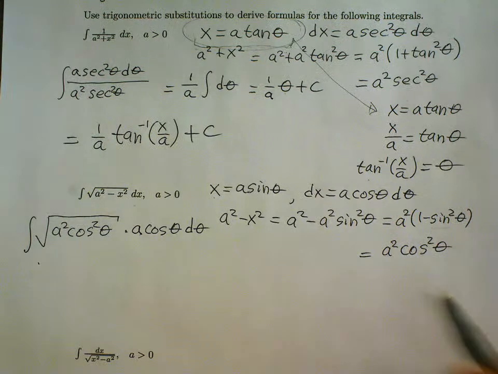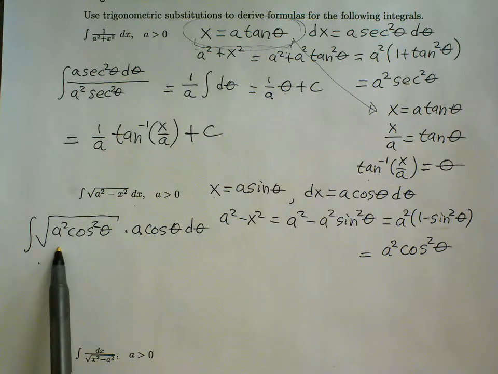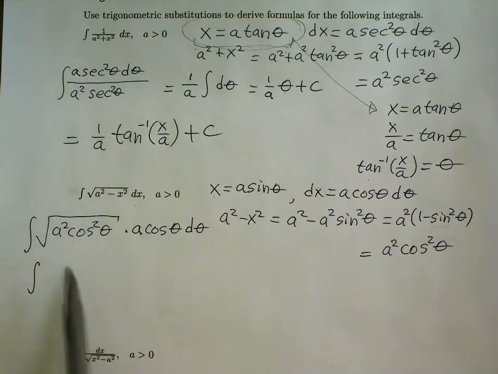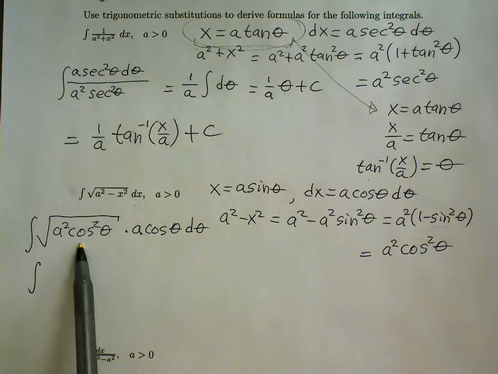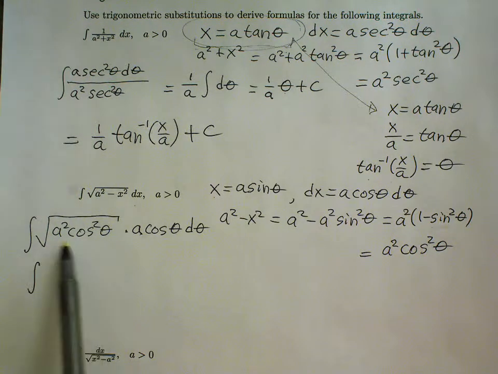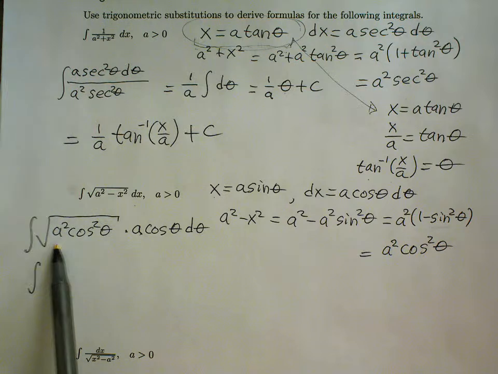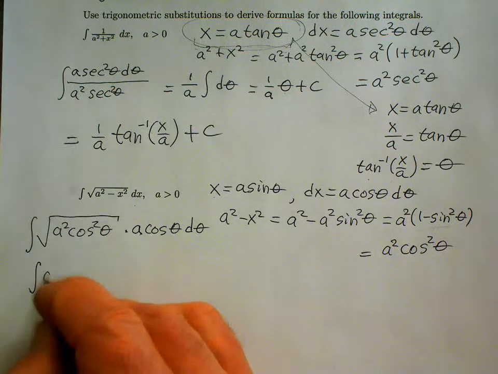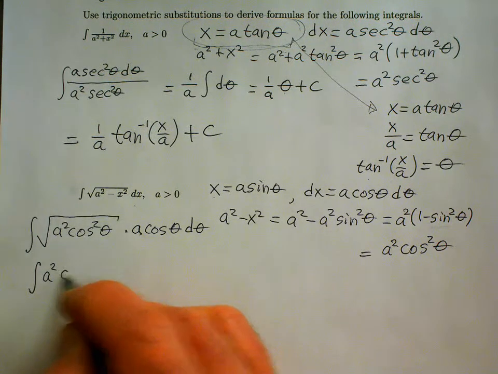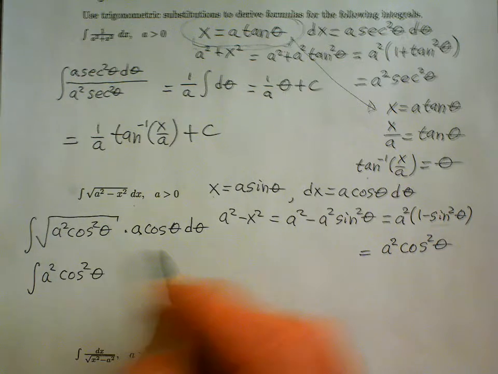So in the next step, I'll do a couple of things. When we simplify the square root of a to the second times cosine of theta squared, we get a times cosine of theta. And then when we multiply a times cosine of theta times a times cosine of theta, we get a to the second times cosine of theta squared.